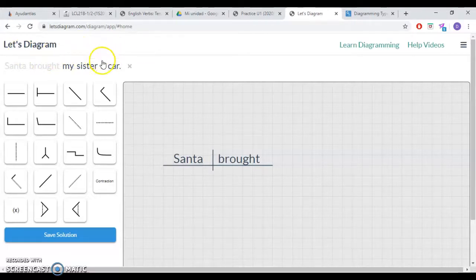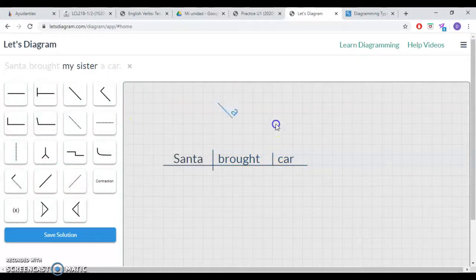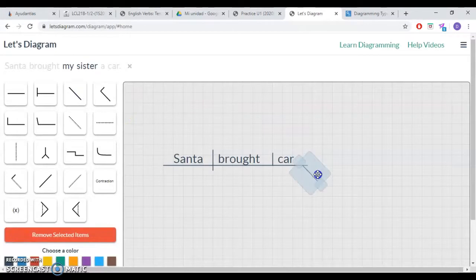What is being brought? The car, so it's not different from the transitive. The line stops there. We're going to place the a immediately. It goes right here. I'm going to place it there just for this space. It's better to be closer to the word.